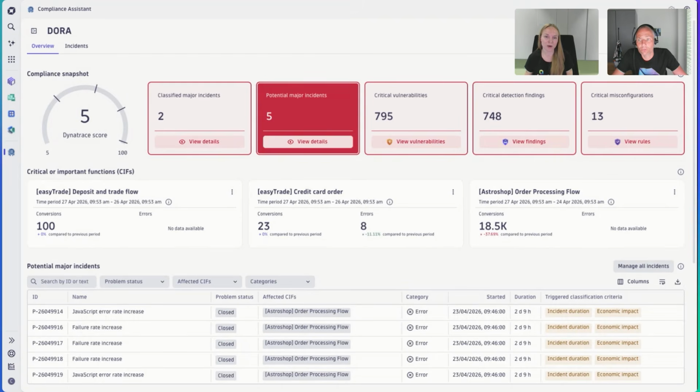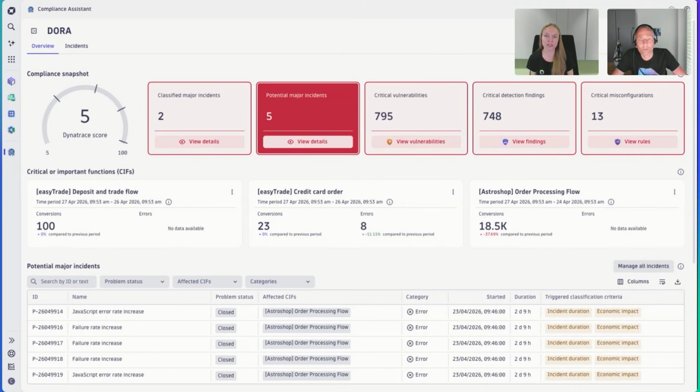And that's a key aspect that we provide, is that we have mapped what data you can see in Dynatrace, and we have connected that data to the specific requirements of that regulation. So looking, for example, at DORA, you can see on the top here, classified major incidents, potential major incidents, and other security findings such as vulnerabilities, critical detection findings, and misconfigurations.